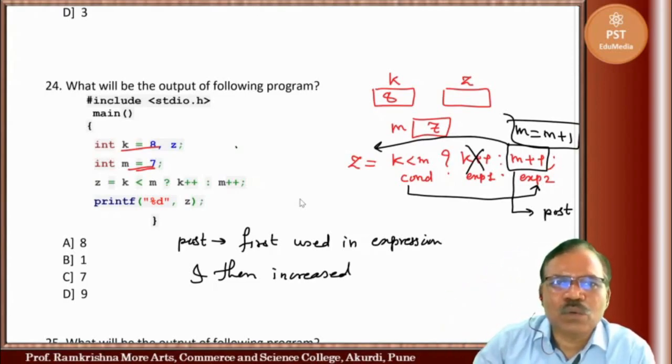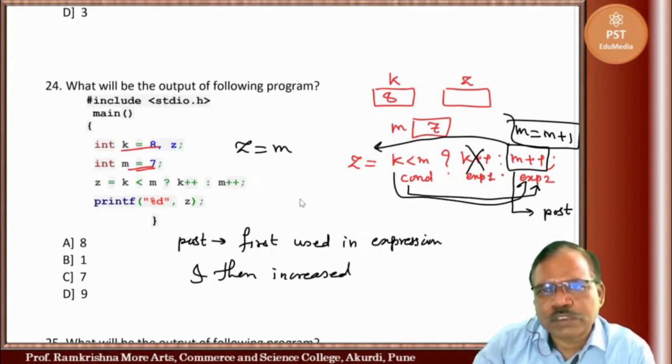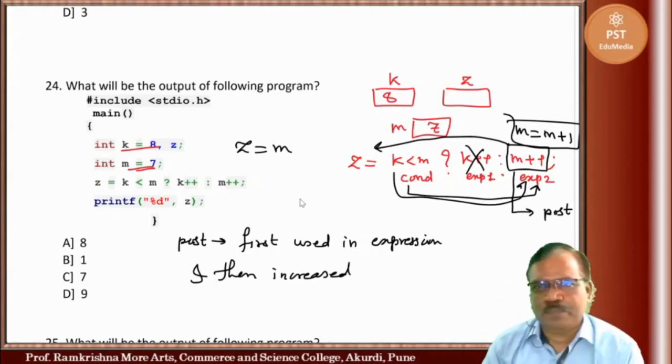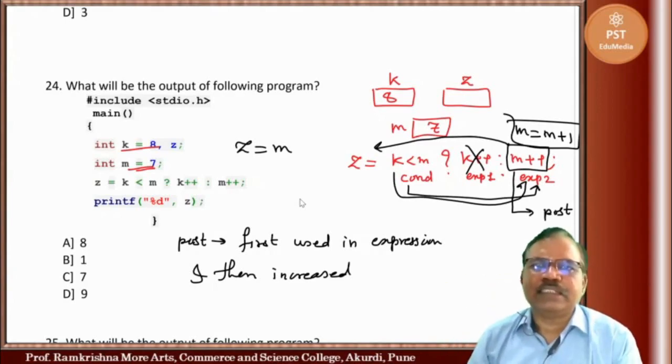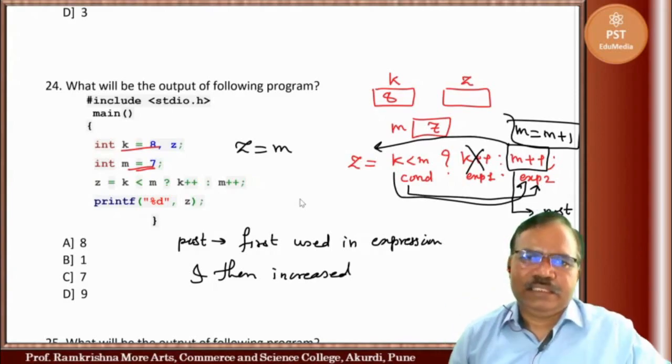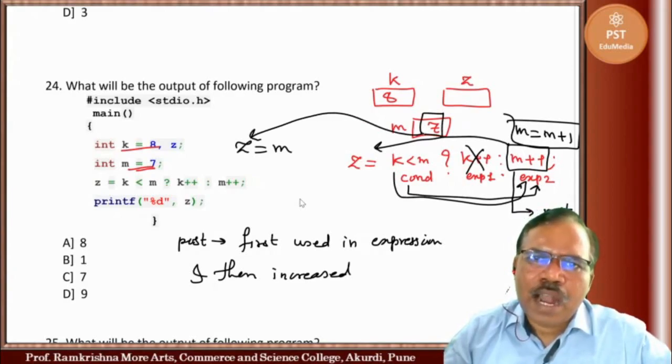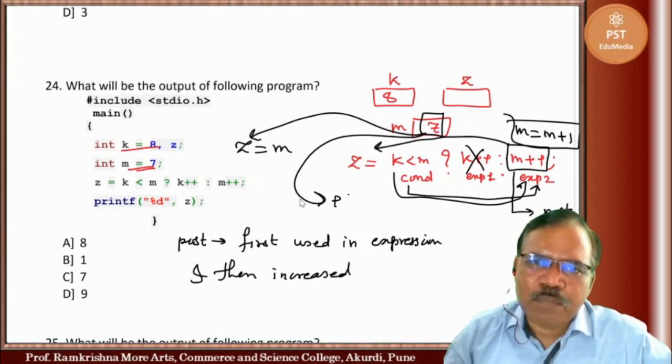Actually, z is equal to m because it goes to this. So first value of m is given to z and then m is increased. After the expression, m is increased. So what is value of m? That is 7. It is first given to z and then m will increase itself by 1 and becomes 8.